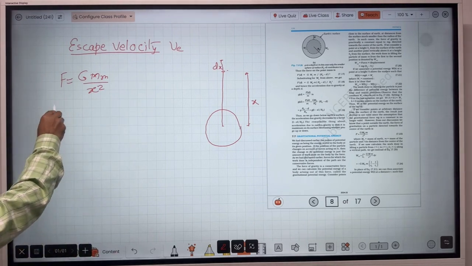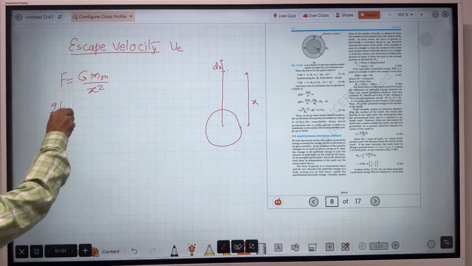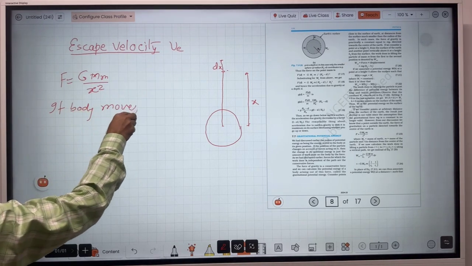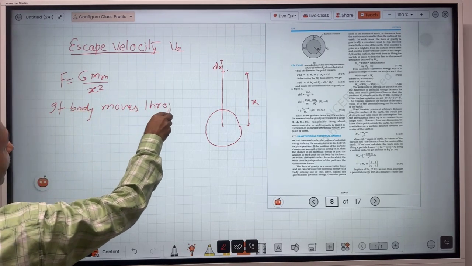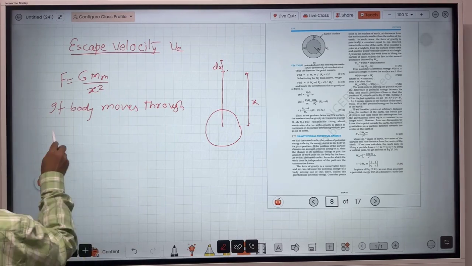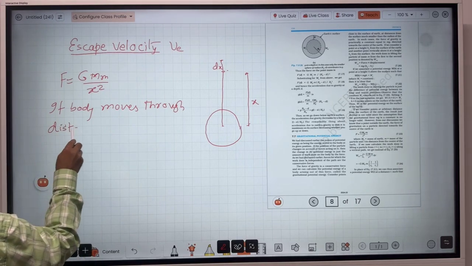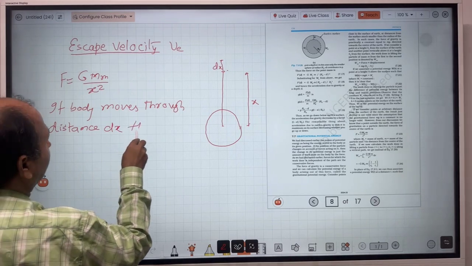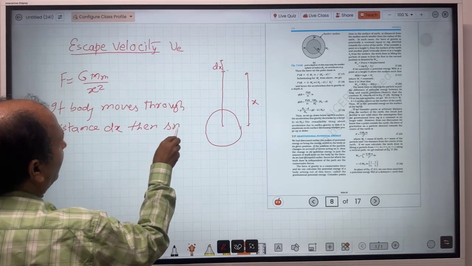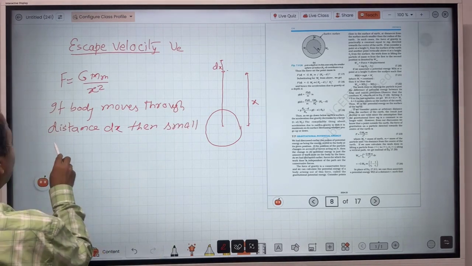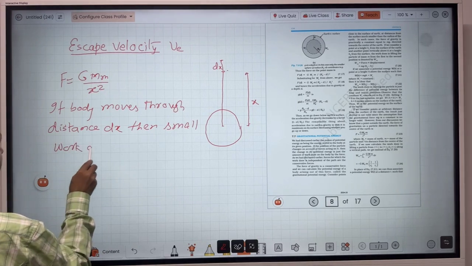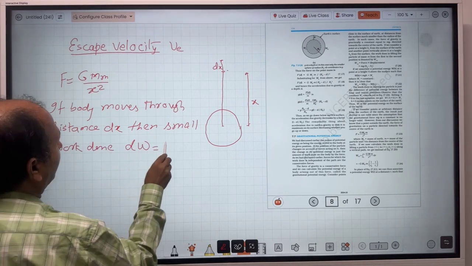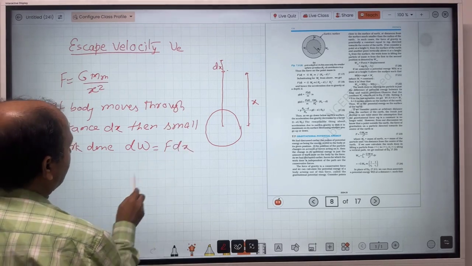So if the body moves through a distance dx, then the small work done dW is equal to F dx.